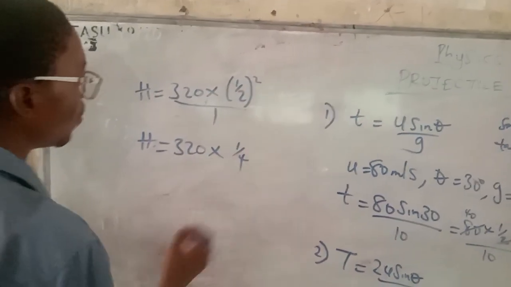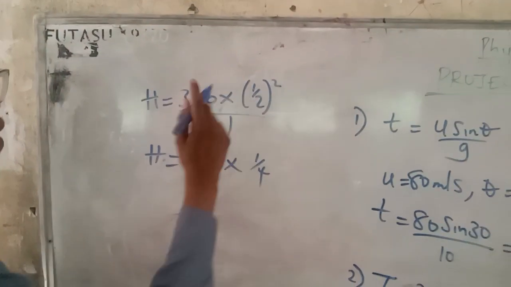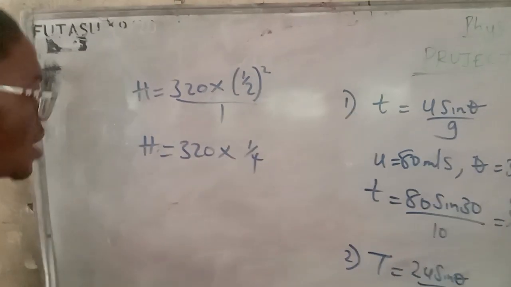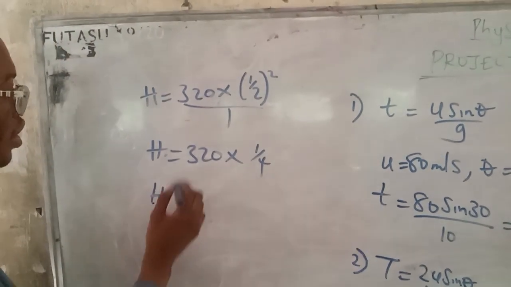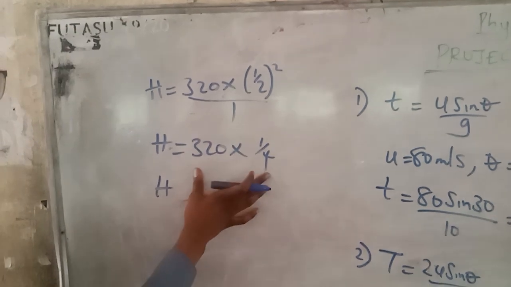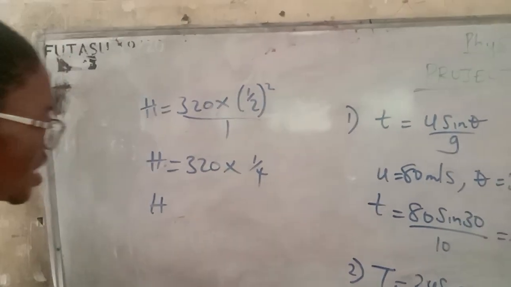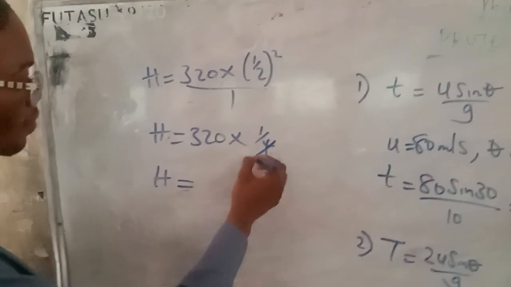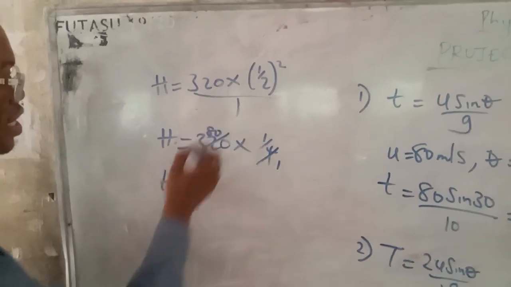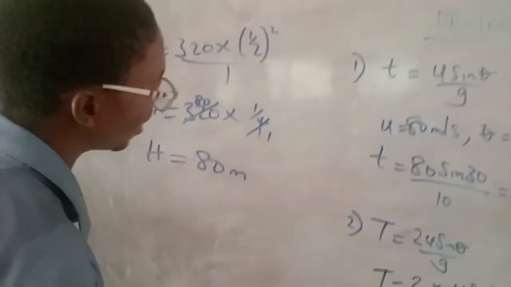Then our h equals 320 times 1 over 4, because by the time you square 1, you get 1. By the time you square 2, you get 4. Anything divided by 1, we still get that same number. Now let's cut it. 4 in 320, that is 80. So we have 80 meters.